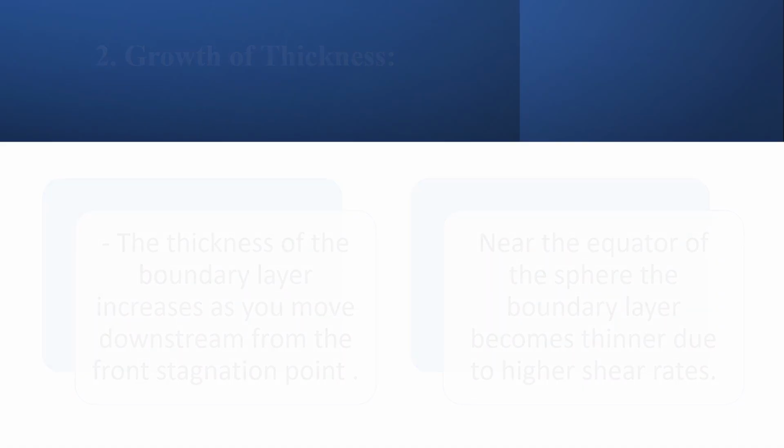As the flow moves toward the equator of the sphere, the boundary layer becomes thinner. However, this is also where the flow velocity is highest, and there are more shear forces which can cause the boundary layer to become thinner or more turbulent in some cases. Beyond the equator, the boundary layer continues to grow as it moves towards the rear of the sphere.